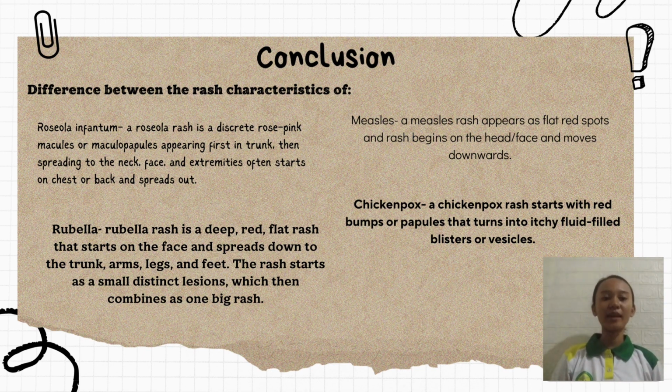It is by coughing and sneezing, close personal contact, or direct contact with infected nasal or throat secretions. Next is the mode of transmission for chickenpox. It is by directly touching the blisters, saliva, or mucus of an infected person.